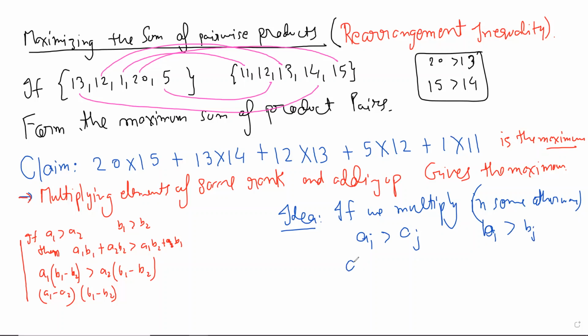Now you can take some numbers, say A5 and A15. If you multiply in any other way, then basically you will end up doing something like this. There will be this B5 and B15 such that you multiply the bigger one with the smaller one and the smaller one with the bigger one. Yeah. So do you agree with this? If you multiply in some other way, then you will end up doing this to at least some pair.